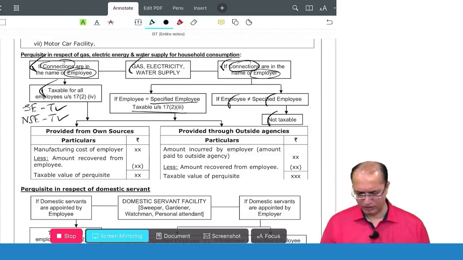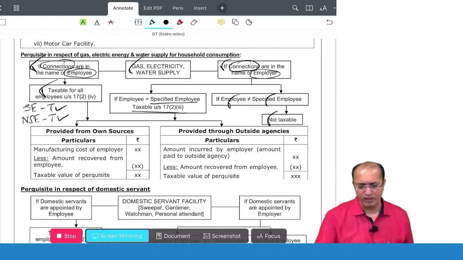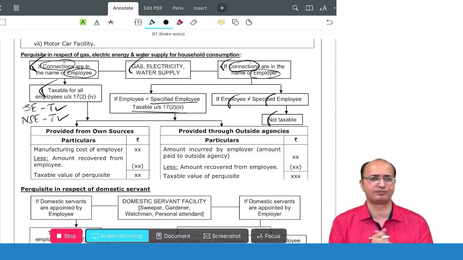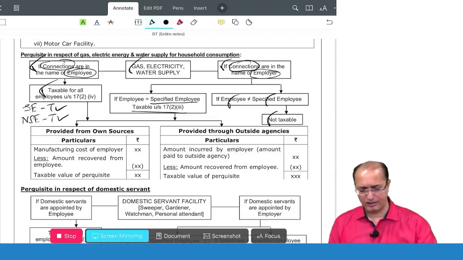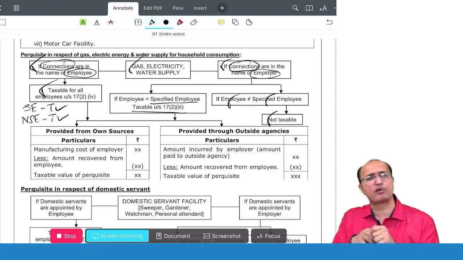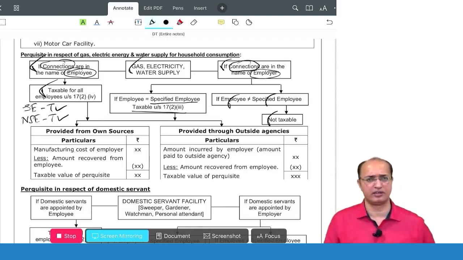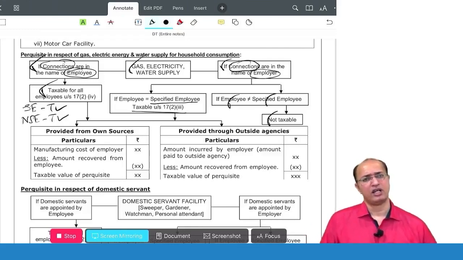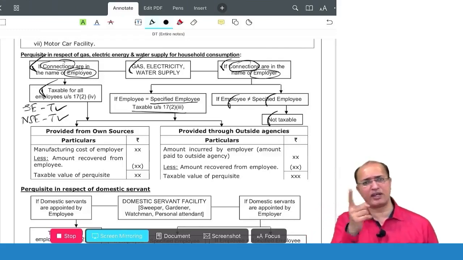Now listen to me very carefully. For example, you are an employee of Tamil Nadu Electricity Board and they have provided you an accommodation to stay. In that accommodation, there will be an electricity connection.